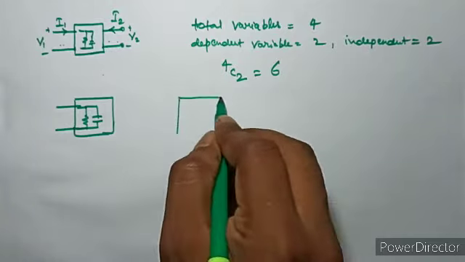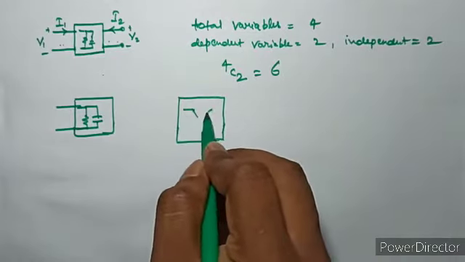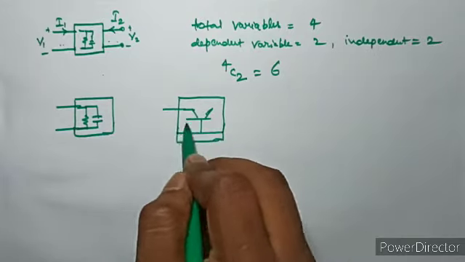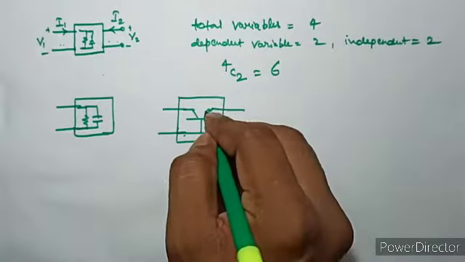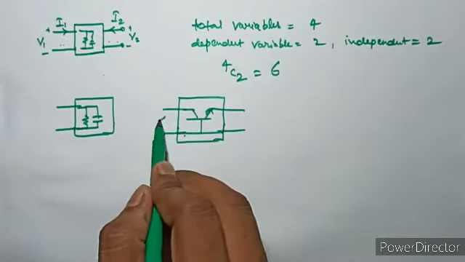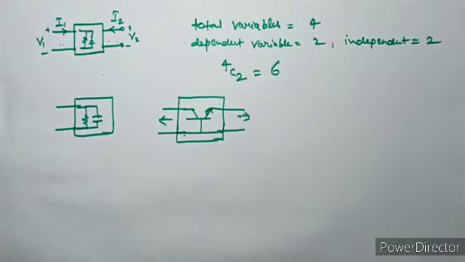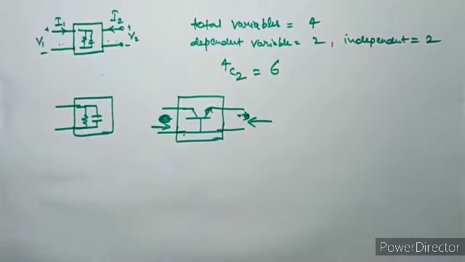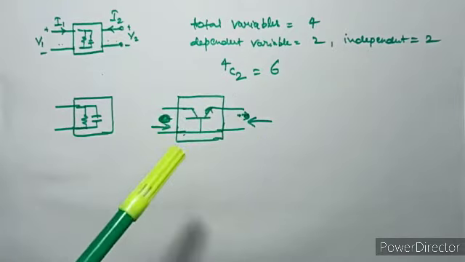And if there is a transistor within this, then this has one port on one side and another port on the other, so this is an example of a two-port.